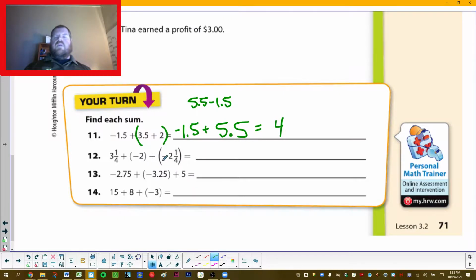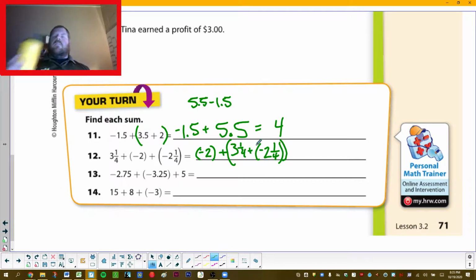Okay. This one might be worth thinking about rearranging a little bit. I'm going to move that -2 out in front. And then I'm going to have plus 3 1/4 plus -2 1/4. And I do that so that I can deal with these two first, because they both have 1/4. 3 1/4 plus a -2 1/4 is going to be equal to 1.